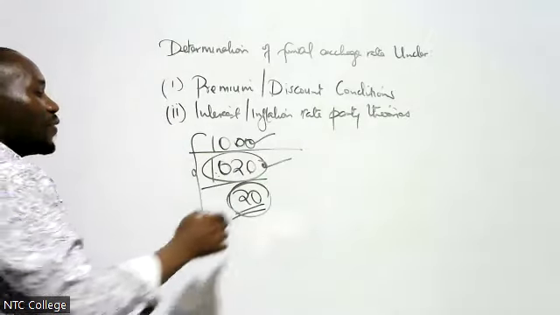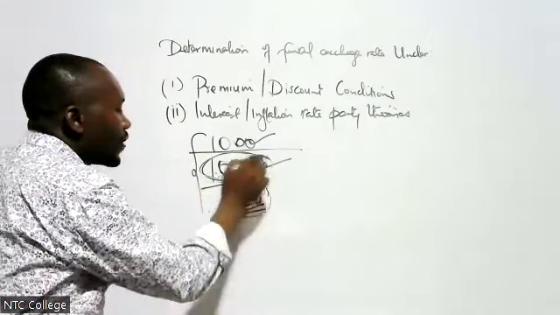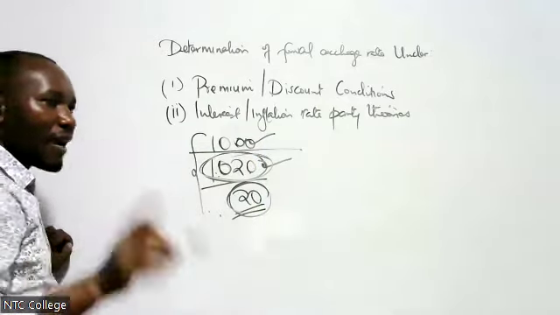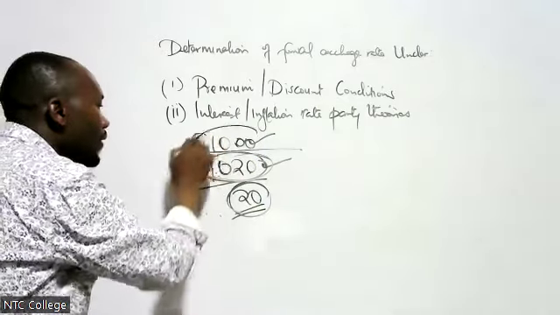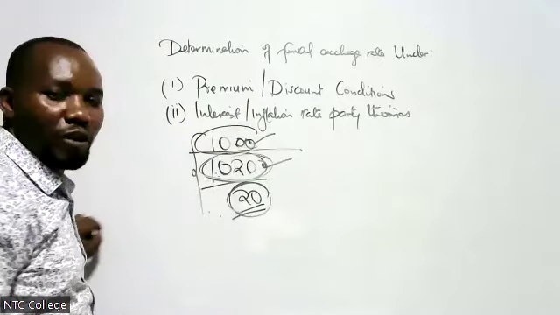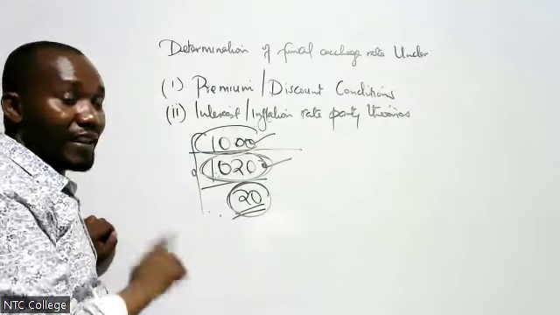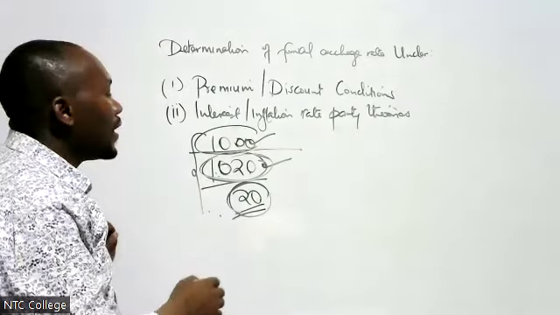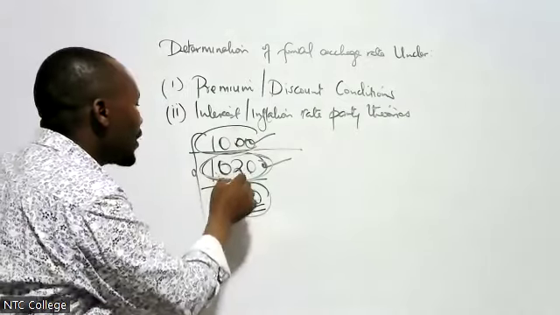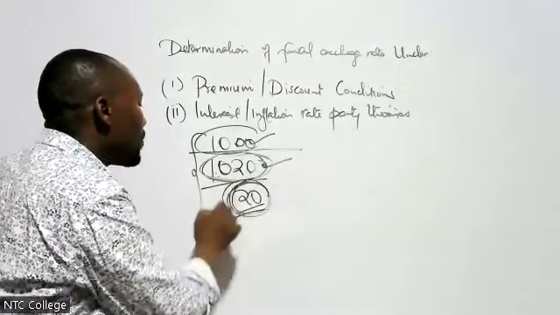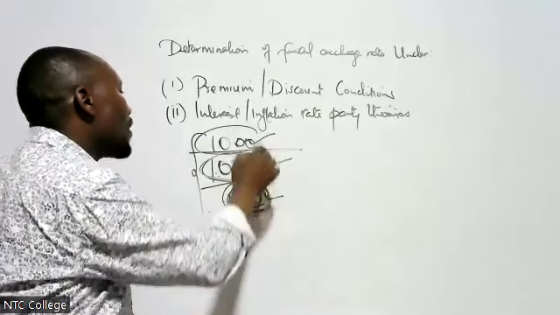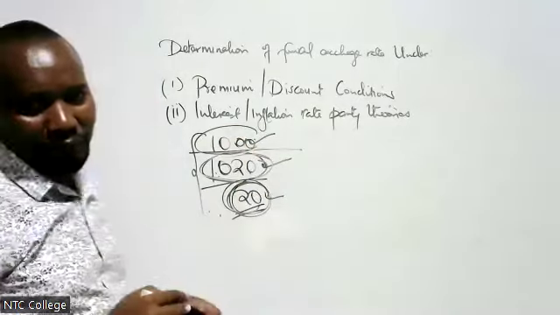It means that even though we agreed at 1,020, that is not the price. The price should have been 1,000. It is only that nimekuibia. So for us to correct this, you simply subtract 20, which is the premium, so that you remain with 1,000.